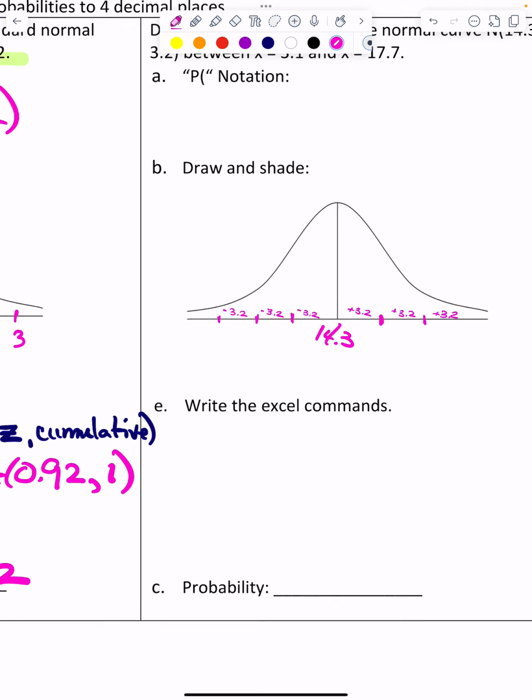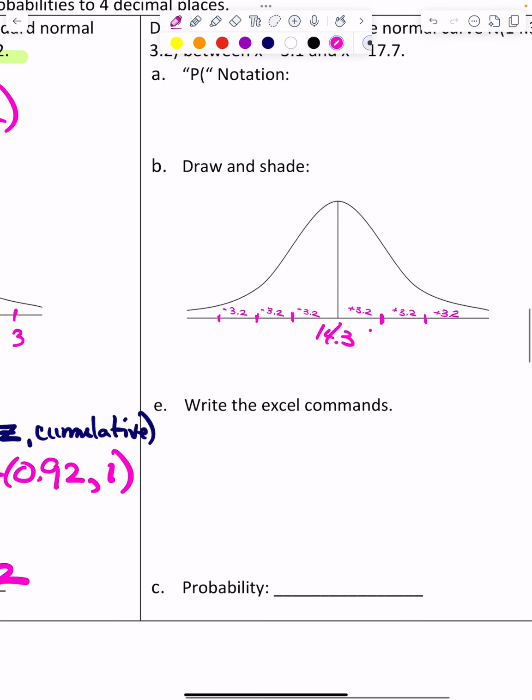So 14.3 plus 3.2 is 17.5. Plus 3.2 is 20.7, and plus 3.2 is 23.9. Notice that I'm labeling the actual tick marks. When I go the other way, subtracting 3.2, I get 11.1, and then 7.9, and 4.7.